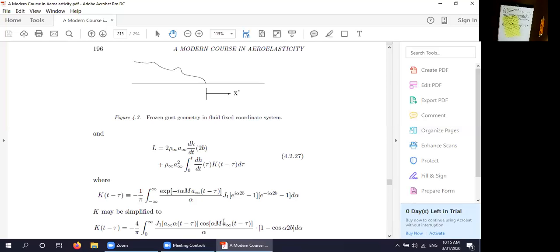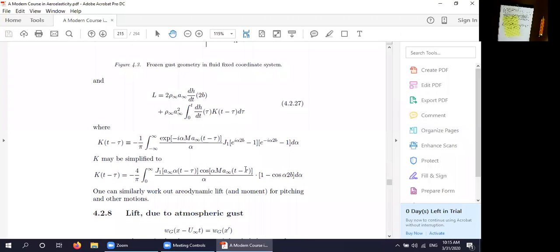In fact, it looks to me like the Mach number is going to cancel in this factor, and over here you'll have a factor that goes like 1 over the Mach number. So I'm saying you need to non-dimensionalize t and tau in this equation, and also non-dimensionalize alpha. But if you do that, then this whole equation will be in terms of a non-dimensionalized alpha, which you're going to integrate from 0 to infinity, and a parameter Mach number, which will appear in the argument of this Bessel function. So does that help you? I hope.